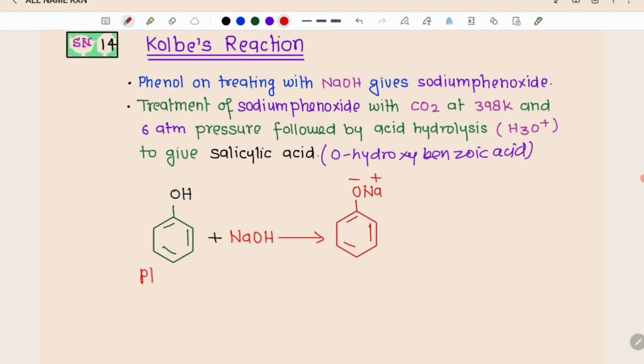So the compound is phenol, and the compound we obtain is sodium phenoxide.